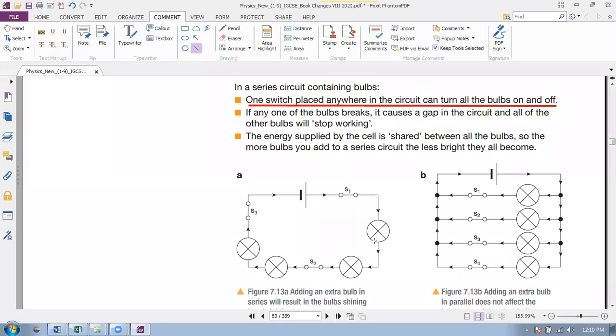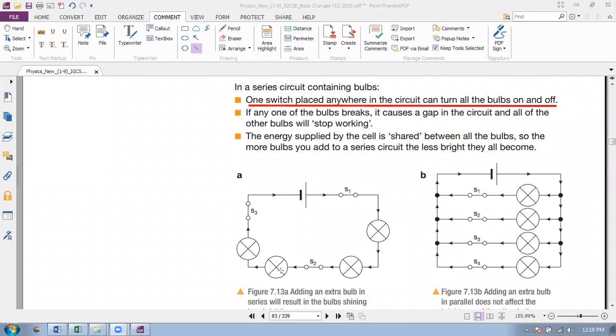If one bulb breaks, if this bulb breaks, the whole circuit breaks. So if this bulb breaks, then also the whole circuit breaks. It means that in a series circuit, if one device or one component does not work, the whole circuit fails.